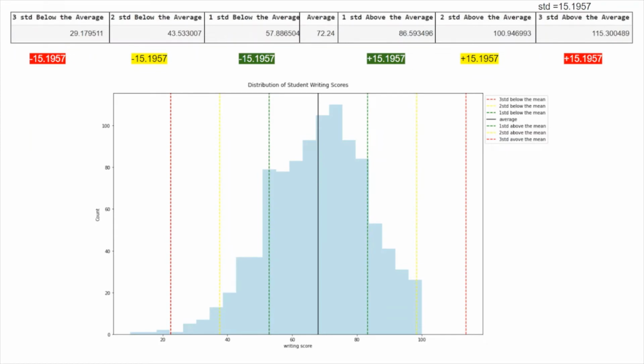You can see that the average is the black line in the middle, and one standard deviation above the average is adding 15.1957 points to the average. You can see that visually with the green dash line to the right of the average, and to the left of the average is one standard deviation below the average, and so on.